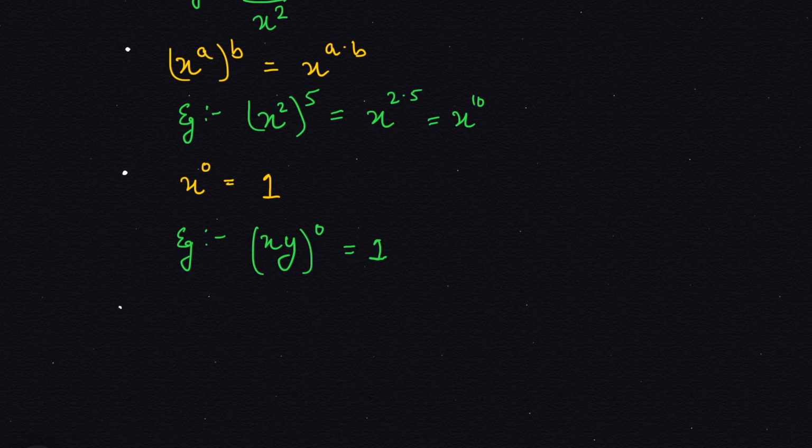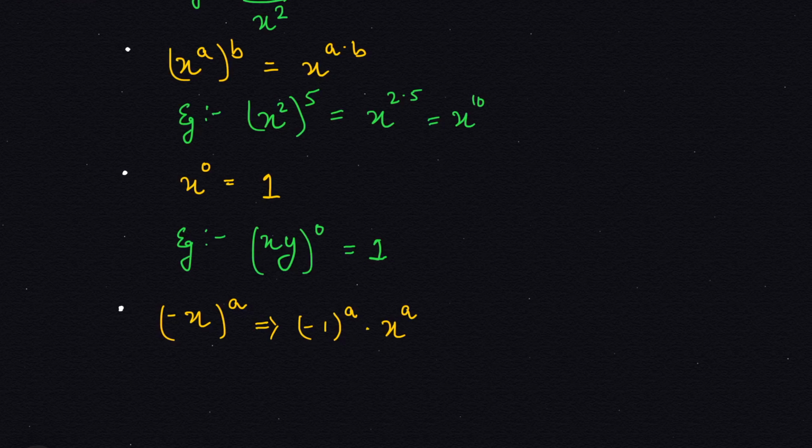So the next rule says if the base of our exponential quantity is negative, minus x whole raised to the power a, then I can write it as minus 1 whole raised to the power a into x raised to the power a.